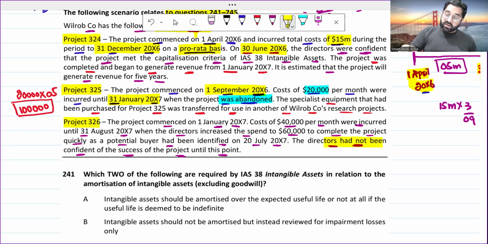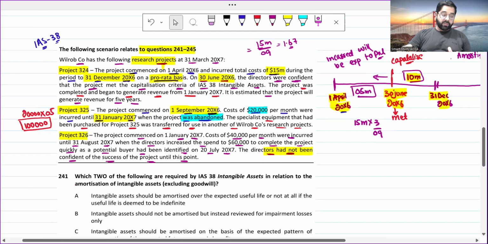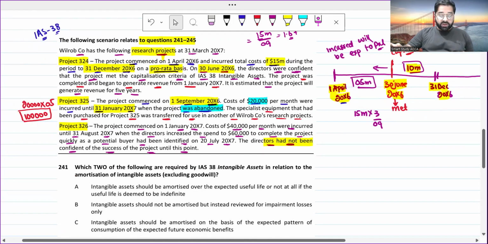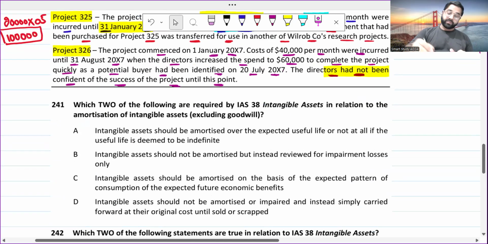The director is not confident, so no criteria met. Any of the cost incurred until 31st March 20x7 will be expensed to profit or loss because no criteria has been met, so no cost will be capitalized. Now that was all the background information of the Wilrop Company's 3 projects: Project 324, Project 325, and Project 326. Now let's solve the questions.